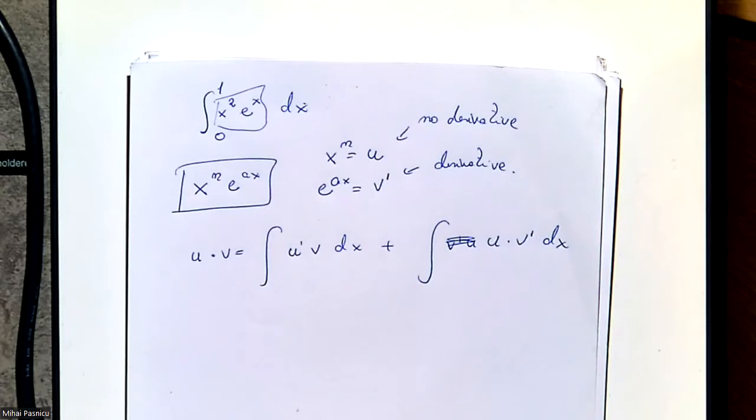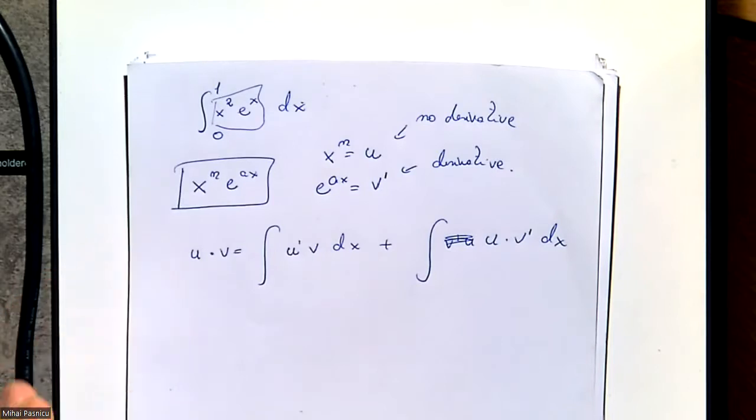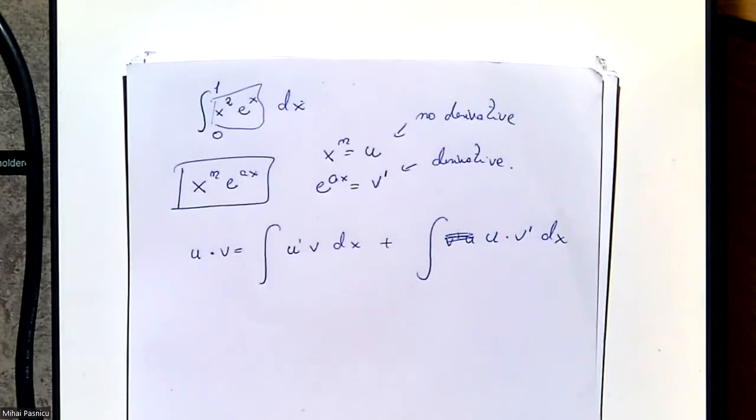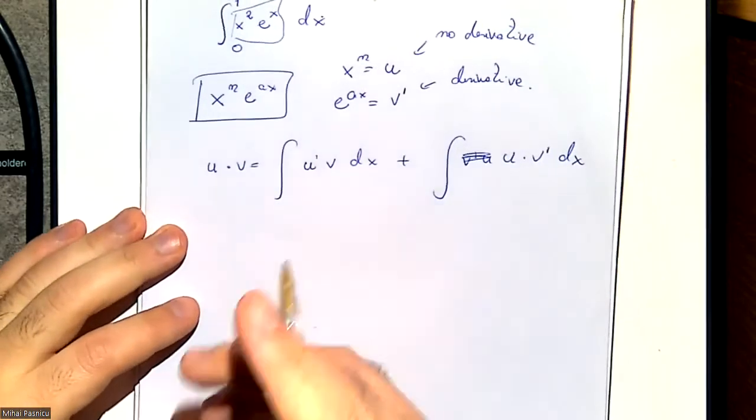So the idea is that if I do this enough times, that coefficient is just going to disappear, and I'm going to be stuck with the integral of an exponential, which is easy to integrate. Okay. Let me show you what I mean. So let's solve this x squared. You're going to see that x to the third or x^n or whatever you want to call it is going to be the exact same. So let's solve this one.